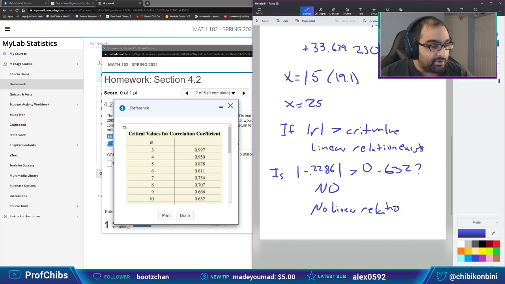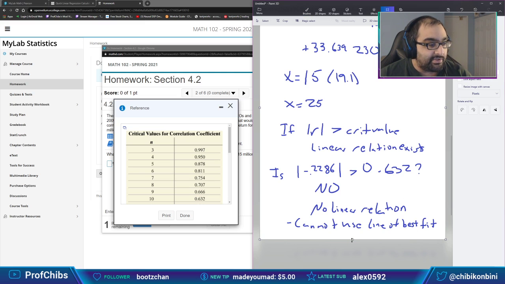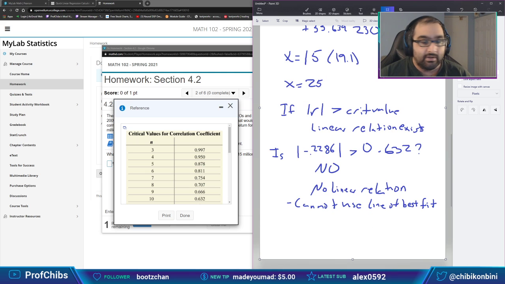Now because there's no linear relation here, we cannot use the line of best fit. So what they decided to do is, because you can't use the line of best fit, we basically use an average of the y's. That's all we're going to do.